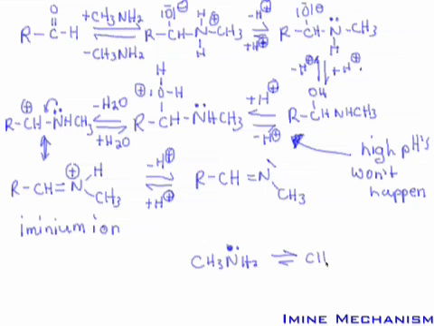And if you protonate the CH3NH2 and you get CH3NH3+, there's no lone pair on the nitrogen for it to act as a nucleophile. So for this first step, at low pHs, this won't happen.